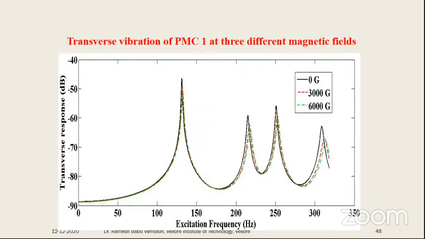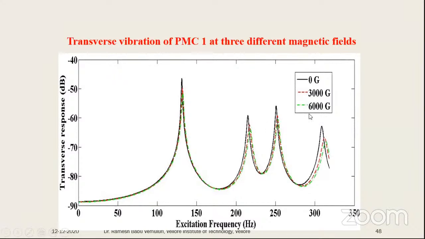So this is the transverse vibration of the PMC at 3 different magnetic fields. So here also we can observe that by increasing the magnetic field, the excitation frequency is drifted towards the higher side, and the transverse responses are reduced.